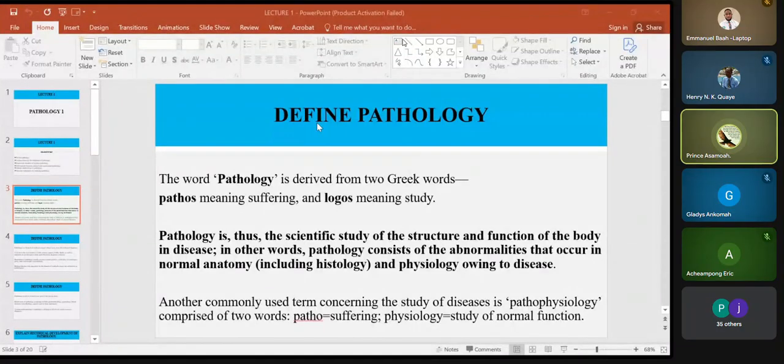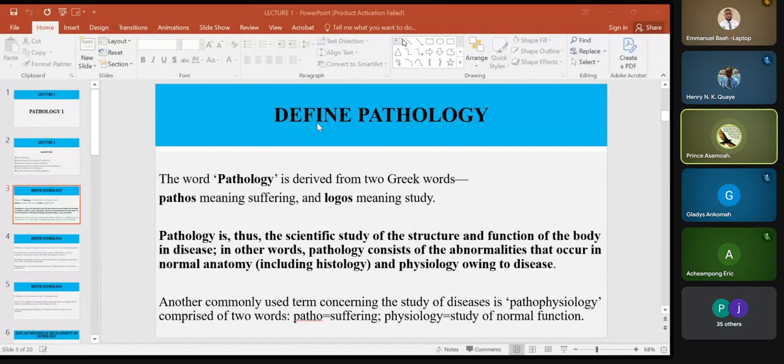So, in other words, pathology consists of abnormalities that occur in normal anatomy. We look at the tissue, just as we looked at yesterday, so we can do histology. When you are doing histology, you are studying the tissues to understand if there are any abnormalities there. So that is pathology.